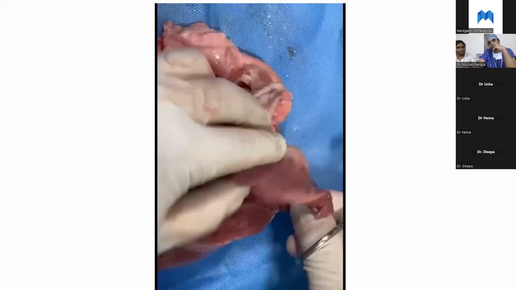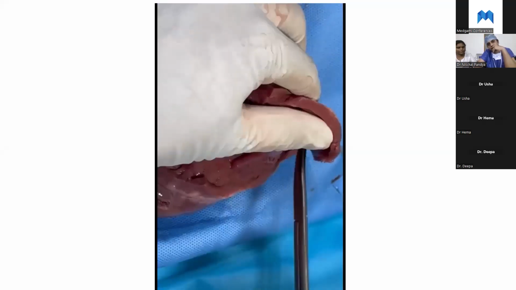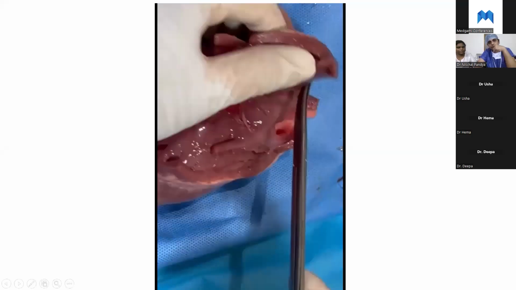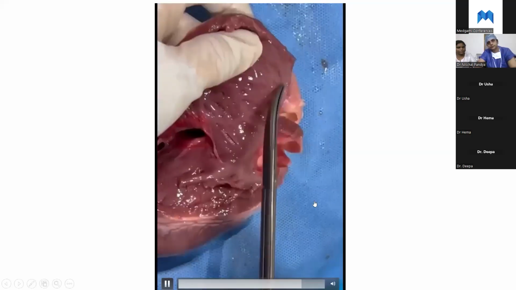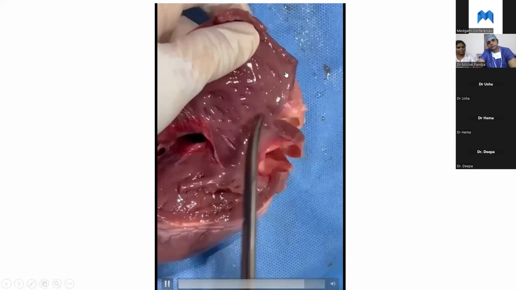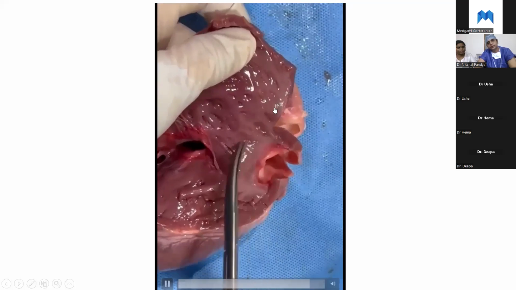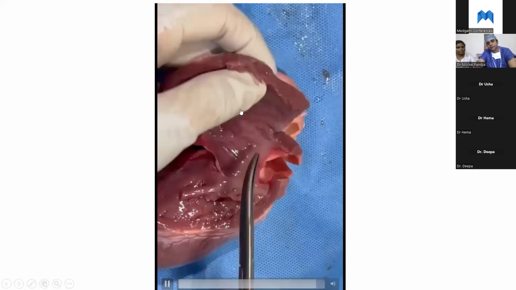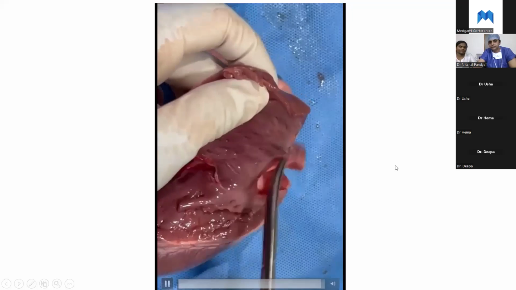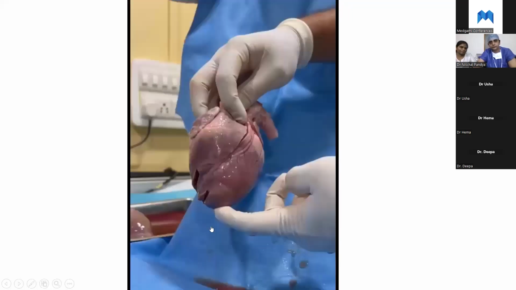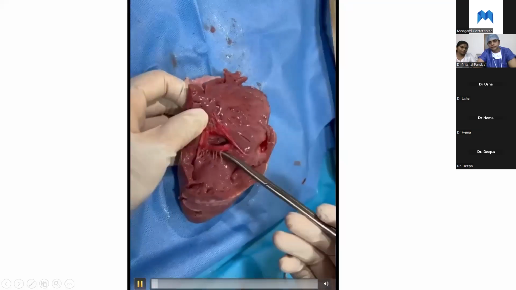So when we look at it from inside, if it can be seen here, the septoparietal area is there, yeah, and the parietal bands coming there. Septal defects, if we see.